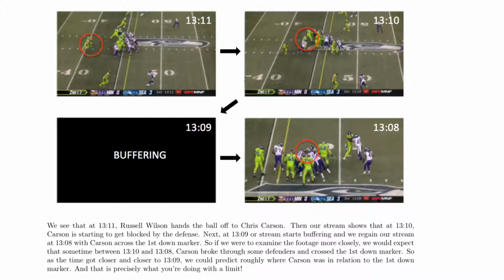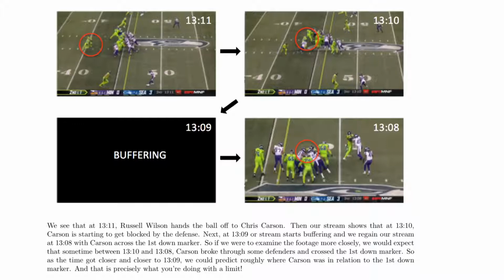He's not past the yellow line, buffering, past the yellow line. In this time right here, we can assume that he passed the first down marker, because he wasn't past it, and then when we saw him afterwards, he was. So sometime in this 13:09 time, he was roughly around where this yellow line is. That's the idea of a limit.